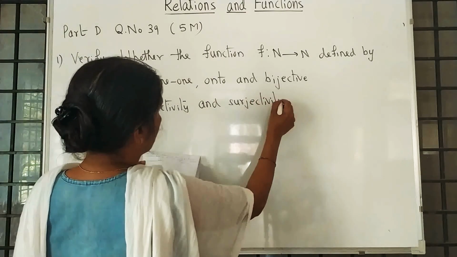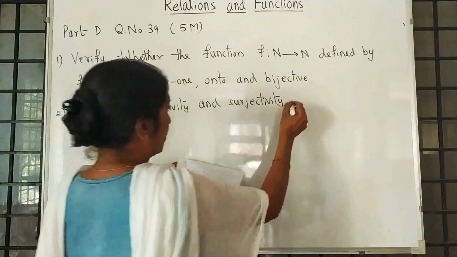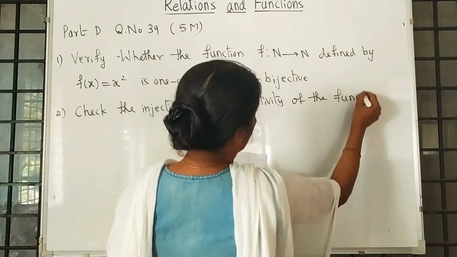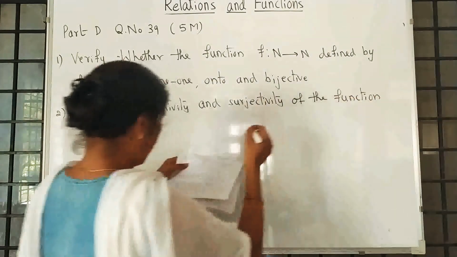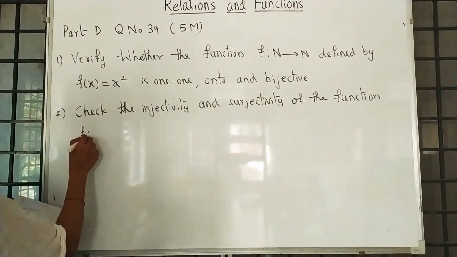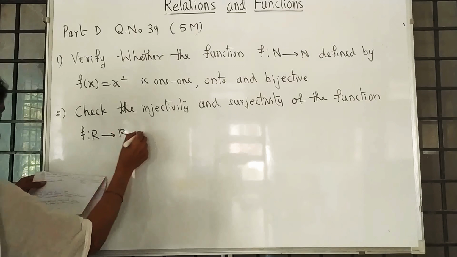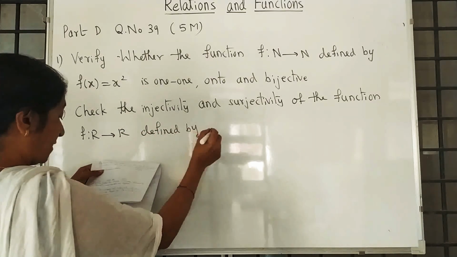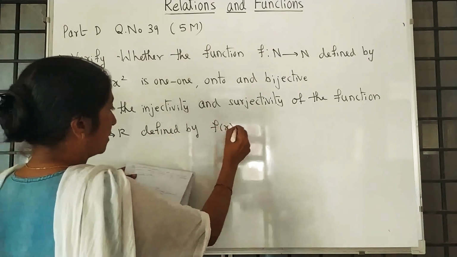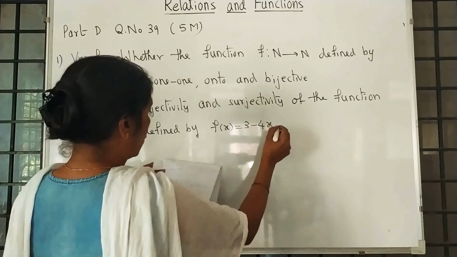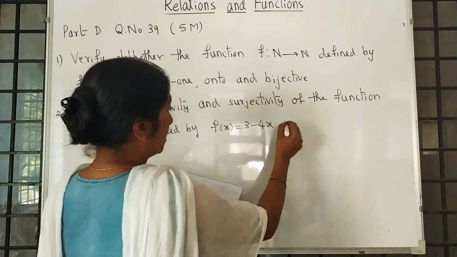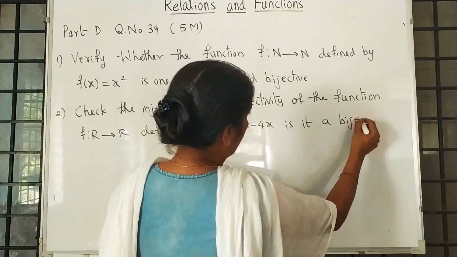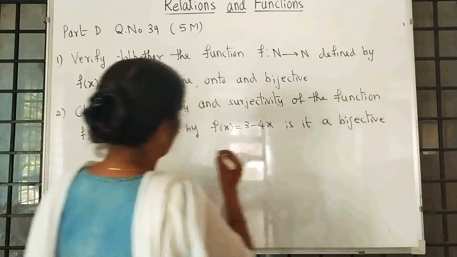Injectivity and surjectivity means one one and onto of the function f from R to R defined by f of x is equal to 3 minus 4x, is it bijective? A bijective function.